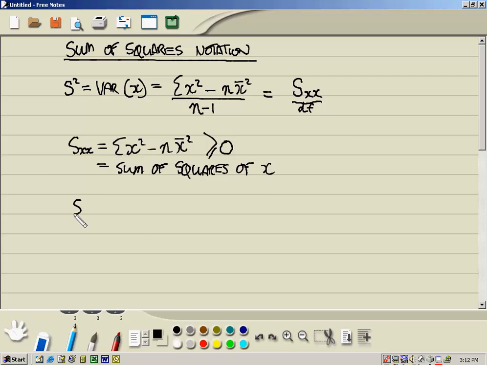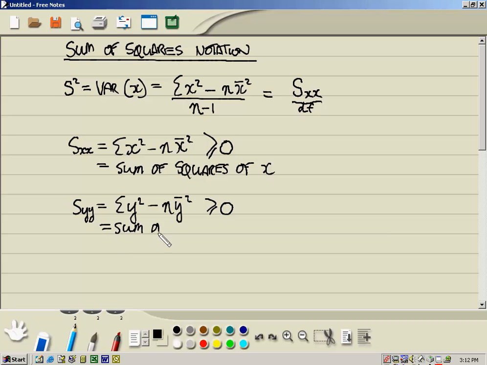Down the way we'll also need a similar item for the variable y. So the sum of squares of y will be, and just replace all the x's up here with y's, sigma y squared minus n times y bar squared. This also must be positive.